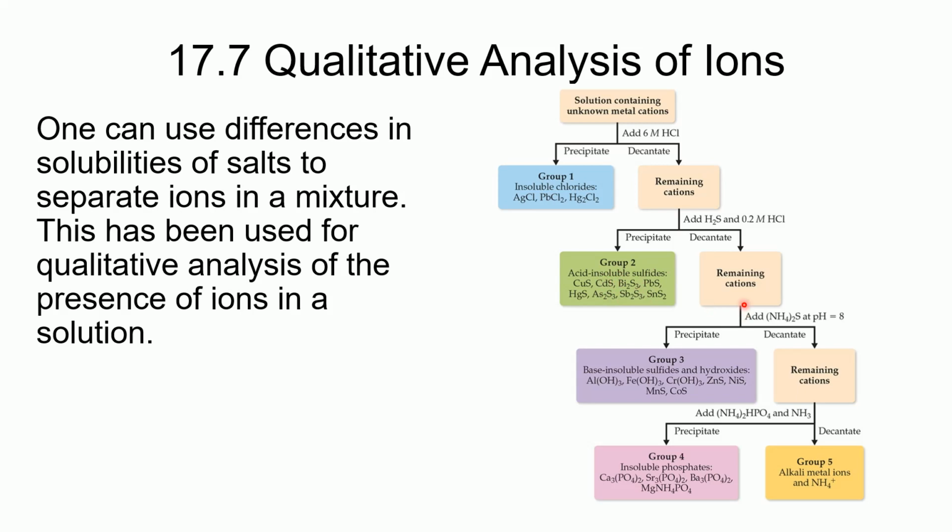Then we can make the pH basic and get sulfides that are insoluble in base. We can take the rest and increase the pH, and we will get hydroxides. We'll also get some of the acid or base insoluble sulfides here. And then we can separate those out and do some other things.